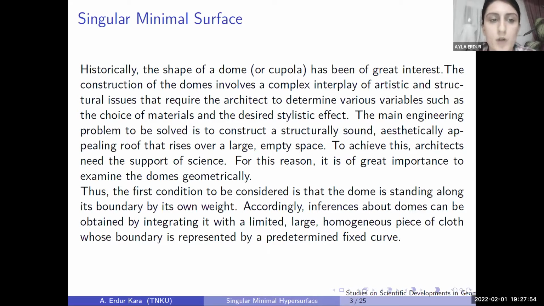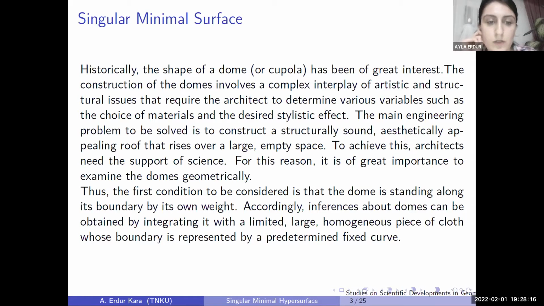The main engineering problem to be solved is to construct a structurally sound, aesthetically appealing roof that rises over a large empty space. To achieve this, architects need the support of science. For this reason, it is of great importance to examine domes geometrically.